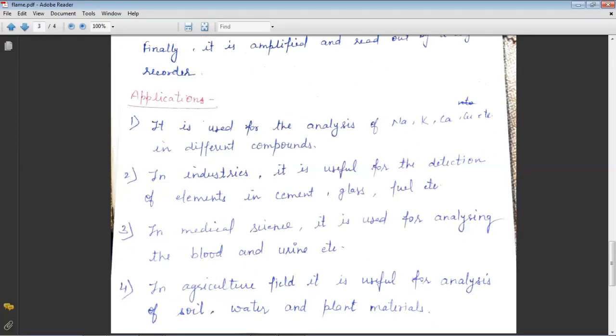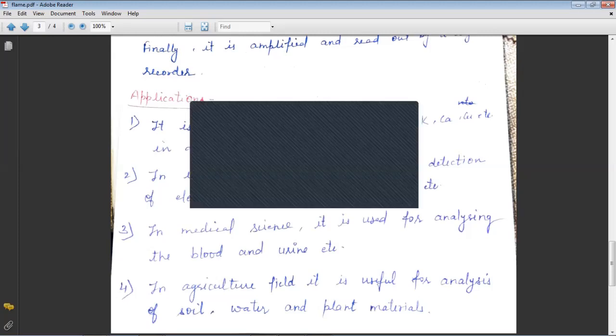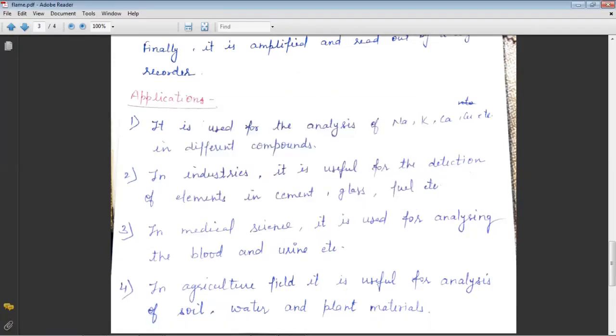Suppose the sodium element is present here. The wavelength of the emission, called the emission wavelength, in nanometers, is 589, and the flame color is yellow. Clear? For potassium, the emission wavelength is 766 and the flame color is violet.